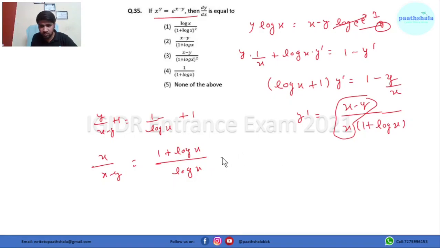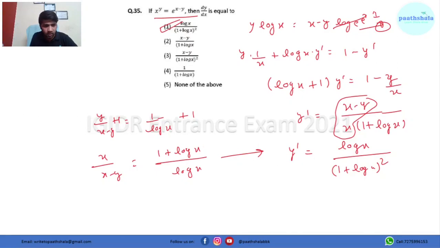So if I put this value into this, this will come out to be log x upon 1 plus log x, and this whole squared. So the value is coming out to be log x upon (1 plus log x) whole square. That is option 2. Let's move to the next question.